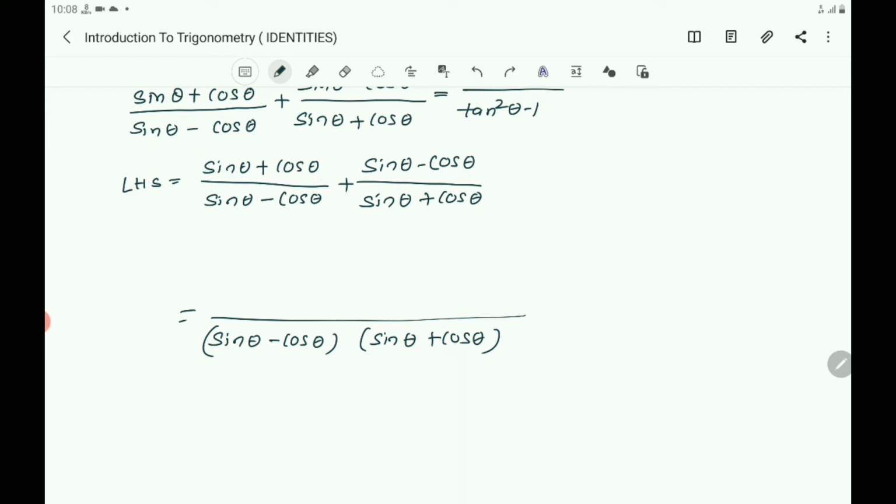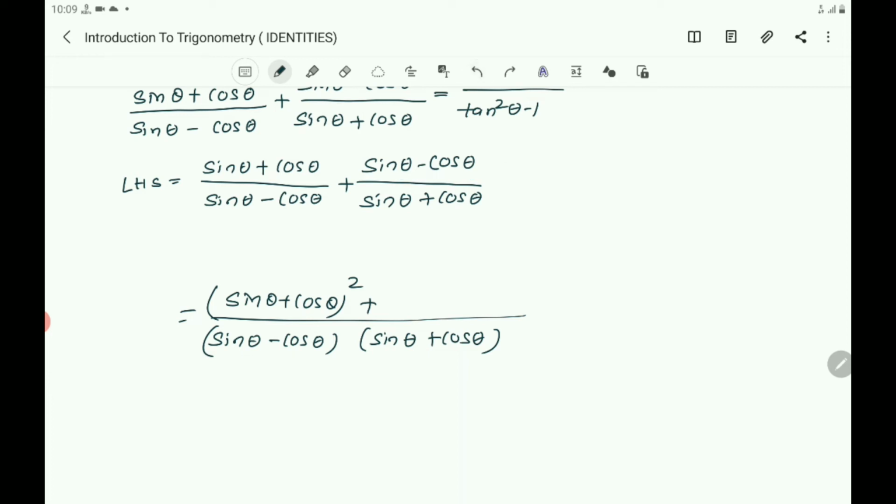So you will get sin theta plus cos theta whole square, plus, the LCM is sin theta minus cos theta into sin theta plus cos theta, so here you must multiply sin theta minus cos theta by sin theta minus cos theta.